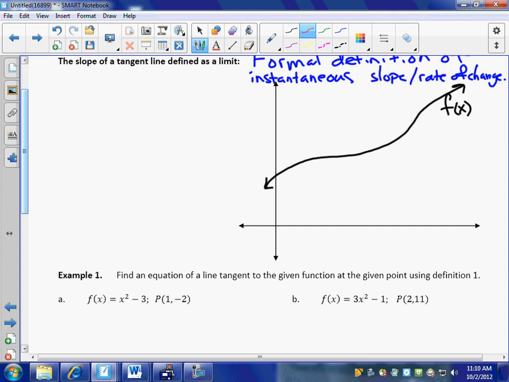We're going to pick a point A. That's an A. If that is A, tell me what the Y value is. F of A, very good.